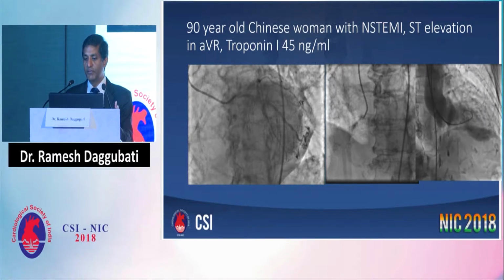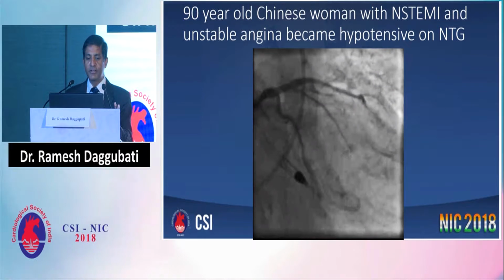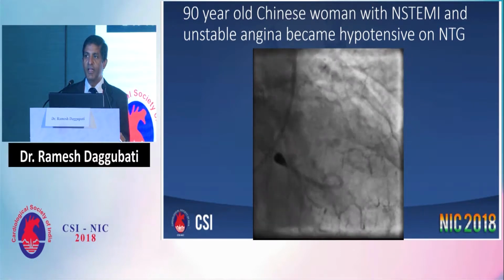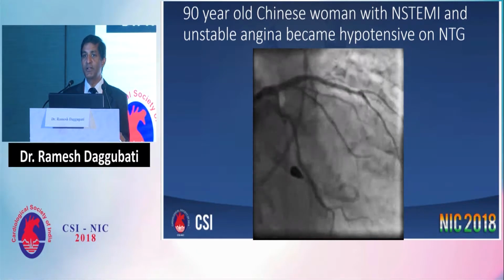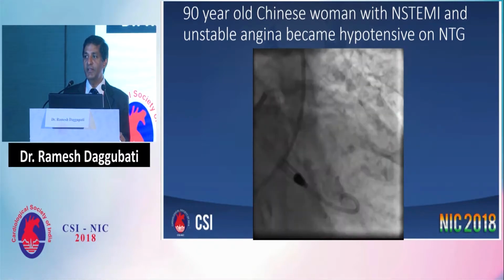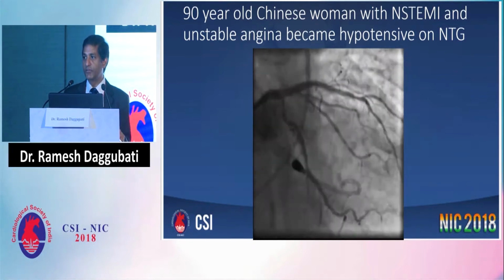Obviously the LV dysfunction and the left main, both of them were not going hand in hand along with the hypotension. So this is the kind of patient that we would think that maybe after discussing with the surgeon, and the number one point is I told the surgeon that PCI is a possibility in this patient.